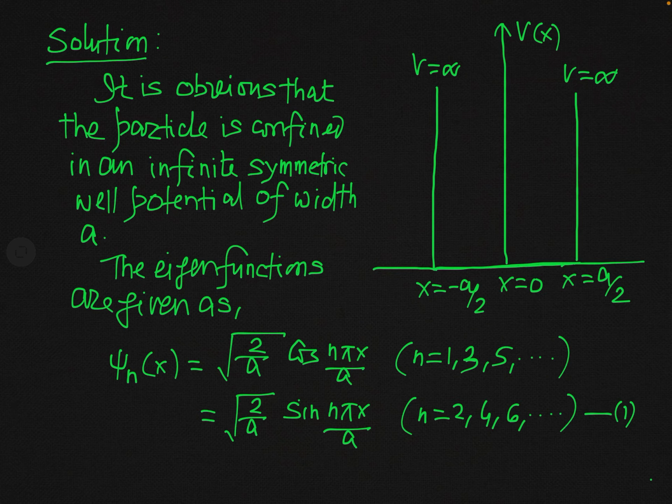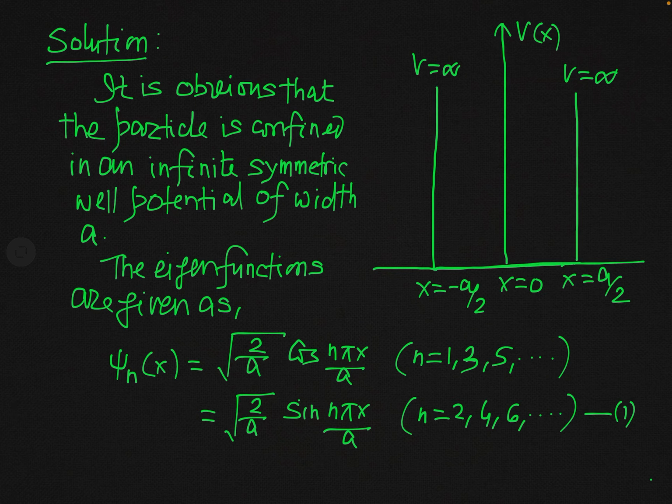And as we have seen in this case, the eigenfunctions may be with odd parity and also with even parity. So you can see in this condition that the eigenfunctions are psi_n(x) equal to the square root of 2/a cos(n pi x/a), where n equals 1, 3, 5 and so on.